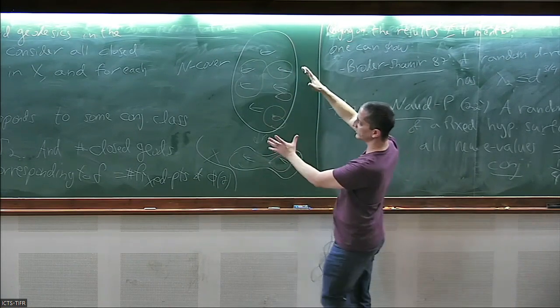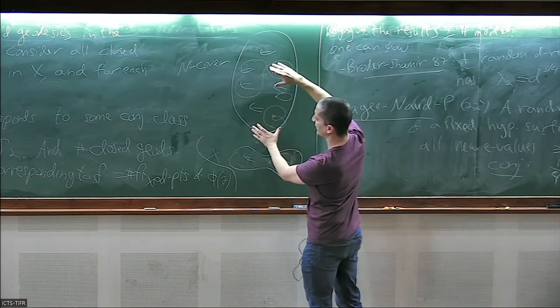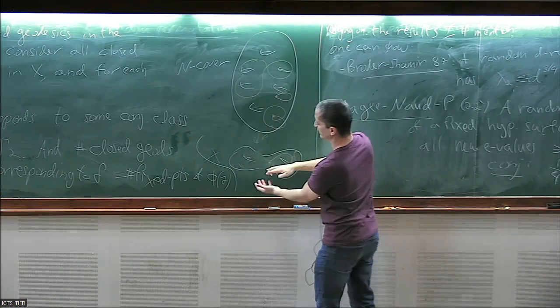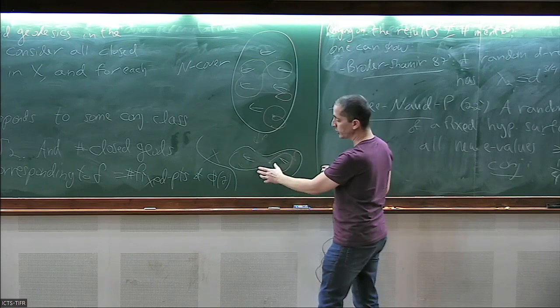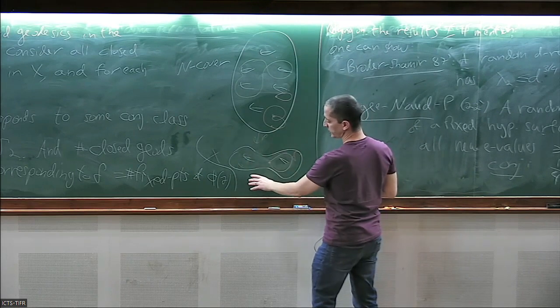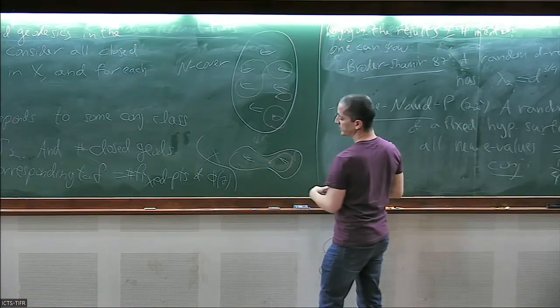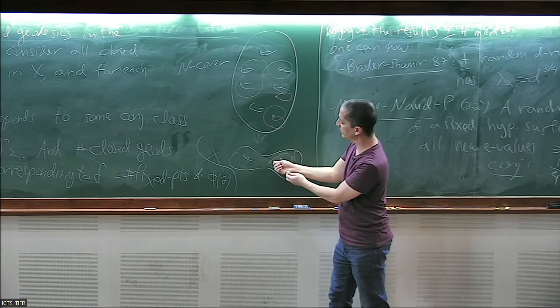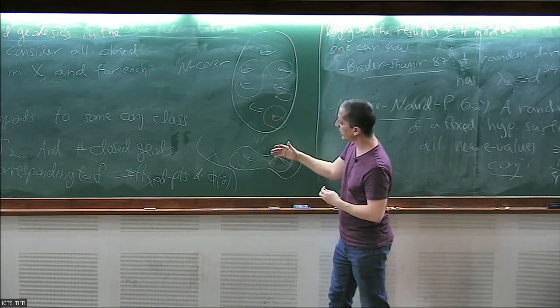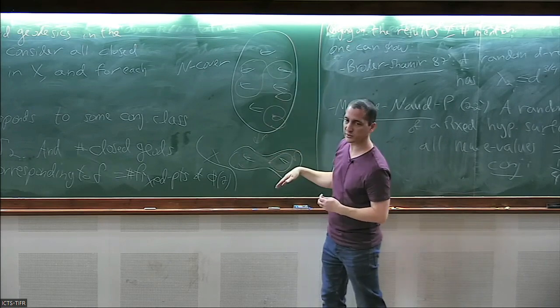To analyze closed geodesics in the cover, you can translate it to a problem about closed geodesics here. You go over all short closed geodesics here, but for each one of them, you need to know how many geodesics here correspond to it.